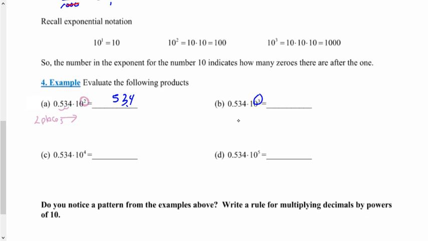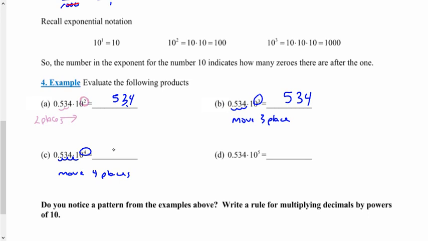Okay, down here you'll see that we've got a 3 right here. That means we're going to move the decimal 3 places. That's what that means. So move 3 places. If we move this one 3 places, it's going to be 1, 2, 3, all the way to there, and that just gets me 534. If I take this one, I'm going to move it 4 places. So I'll move it 1, 2, 3, 4.